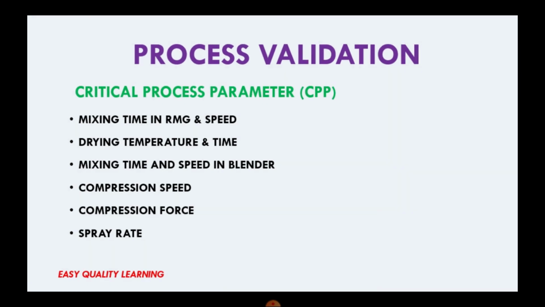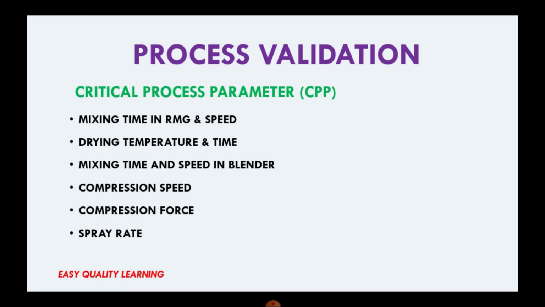Some examples of critical process parameters I have pulled out over here for your understanding, of what can be the critical process parameters in case of tablets. So your mixing time in RMG and speed, these are critical process parameters. Drying temperature and time, these are the critical process parameters during drying.